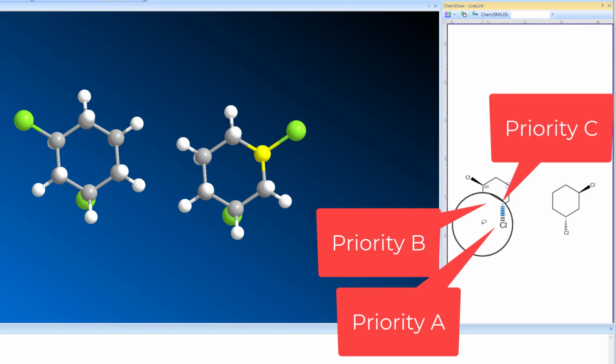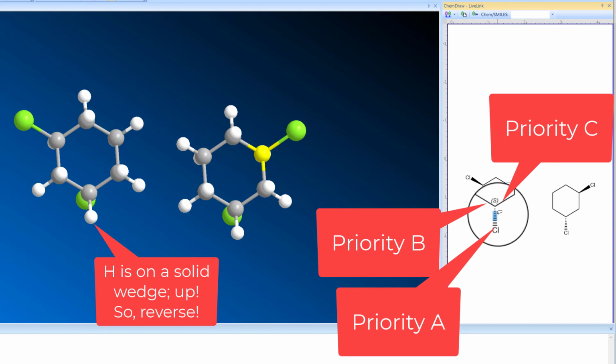And then the hydrogen is facing forward. Because the hydrogen on this carbon is facing forward, we have something that seems to be moving clockwise, but don't forget the hydrogen is facing forward, so that becomes S.